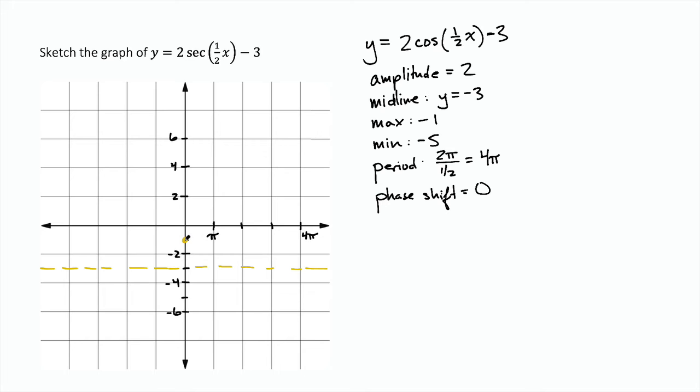And the ending point is just moving the period over. So from there we move 4 pi, and there's our ending point. And halfway between those, which is at 2 pi, we have our minimum, which is at -5. So the minimum there. And then we can sketch our cosine function.